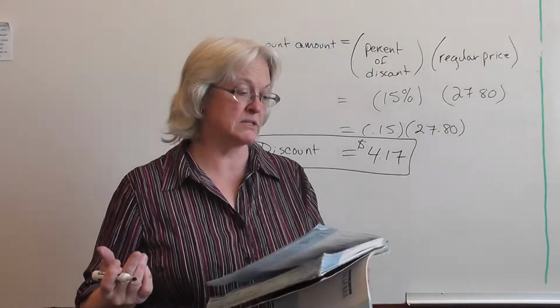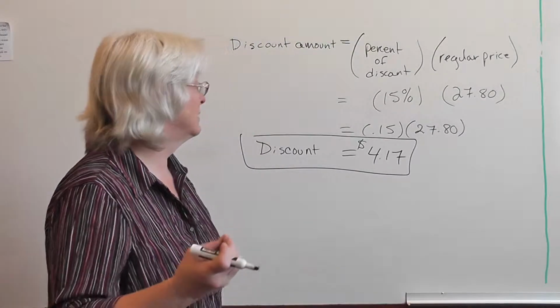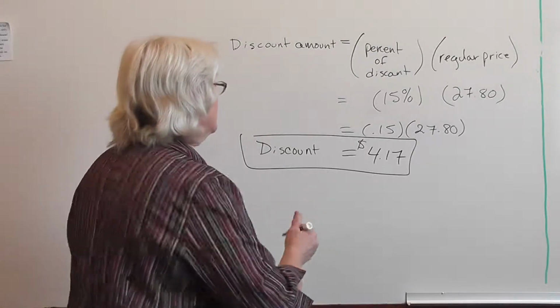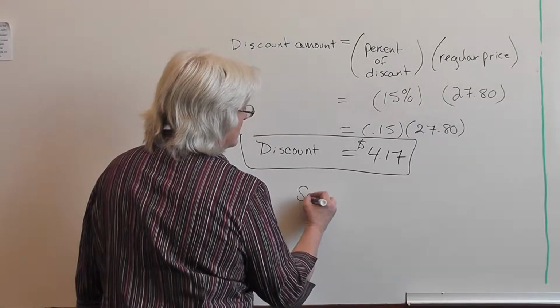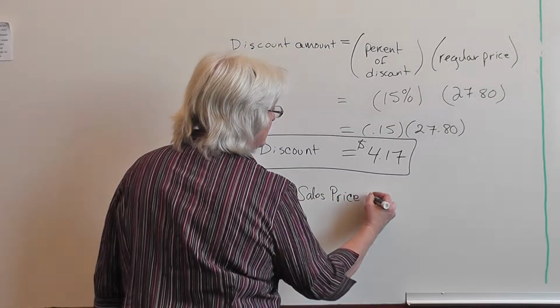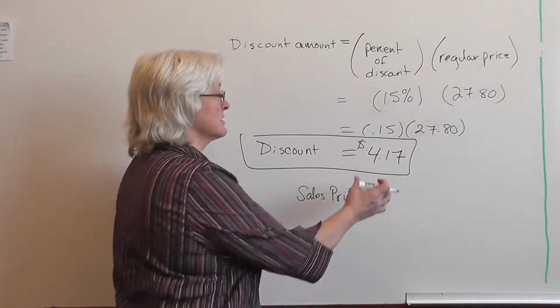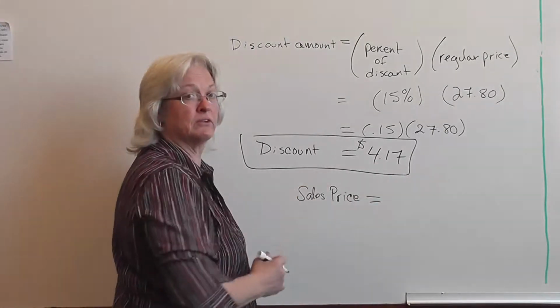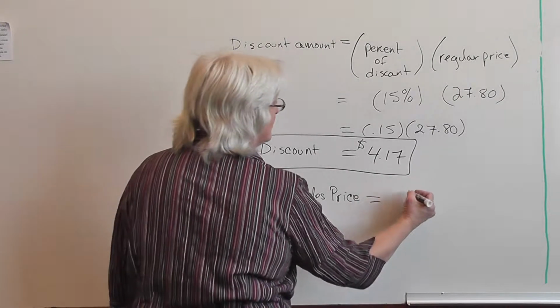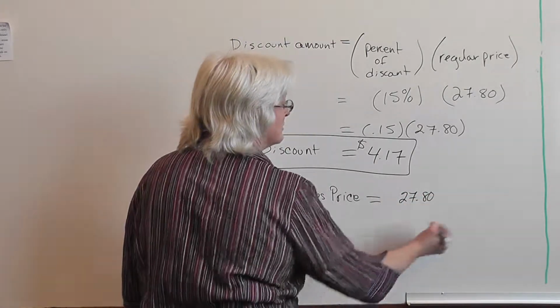Our problem says find the discount and the sales price. How do you find the sales price? Well, the sales price is always going to be the original amount less any amount of a discount. So what's the original amount here? $27.80 was your original amount.